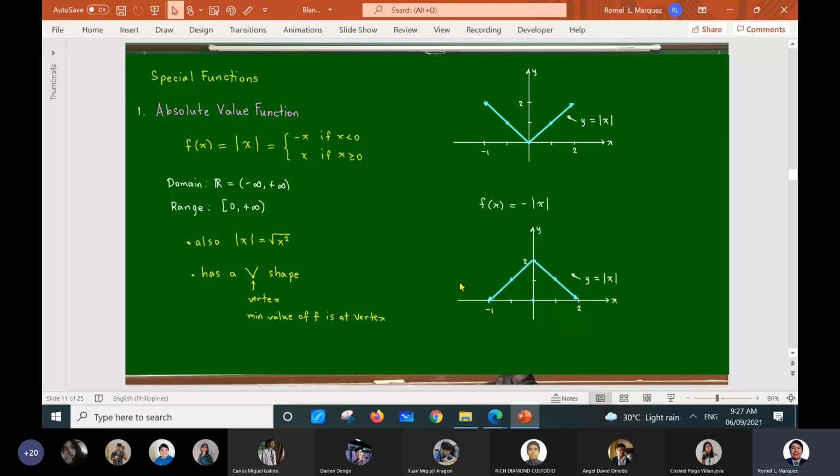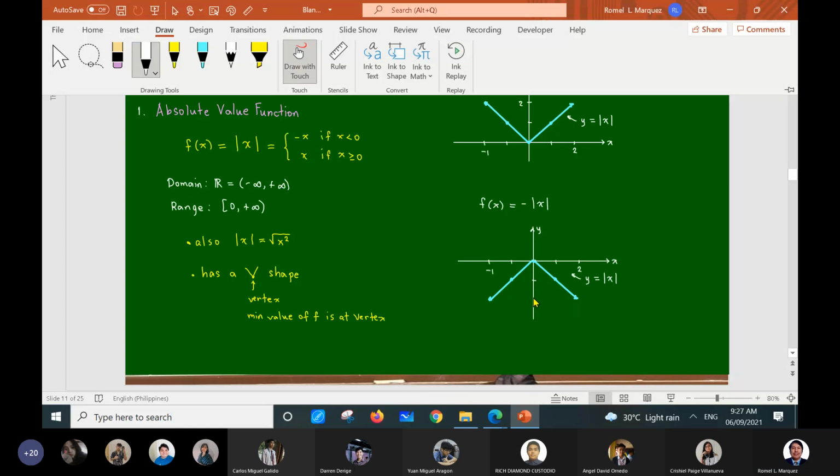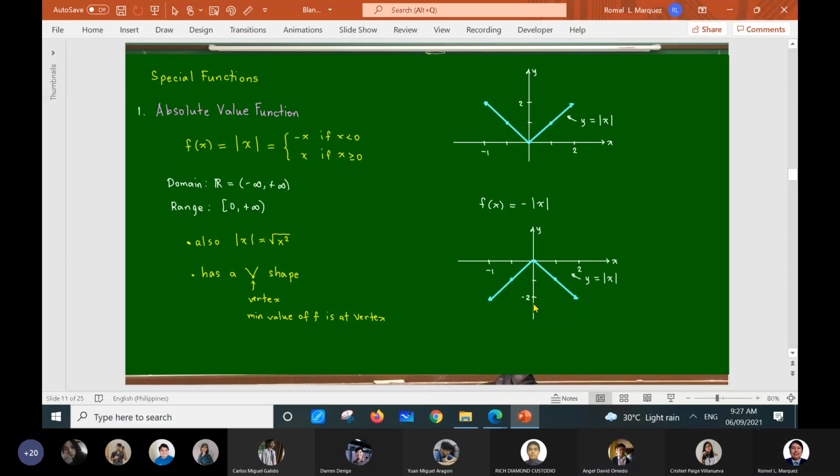Then I will be transferring my x-axis here. Correct, guys? Then of course I need to remove this. So that's how it looks like. Get it, children? Yes, sir. Now what's the domain for this? It is still the set of all real numbers. But what about the range? Negative infinity to 0, right? Okay.